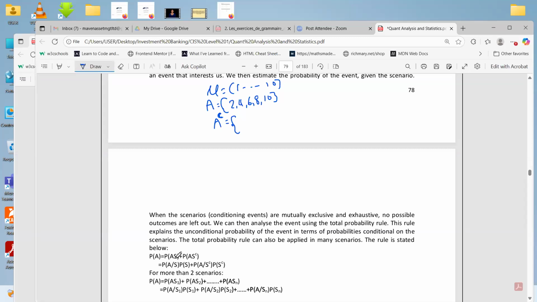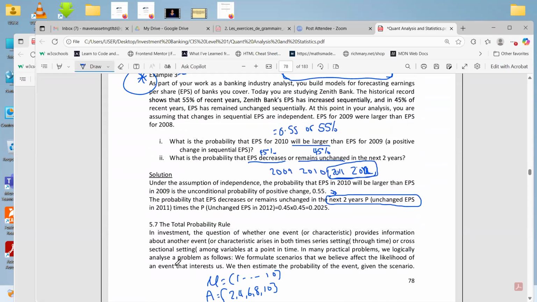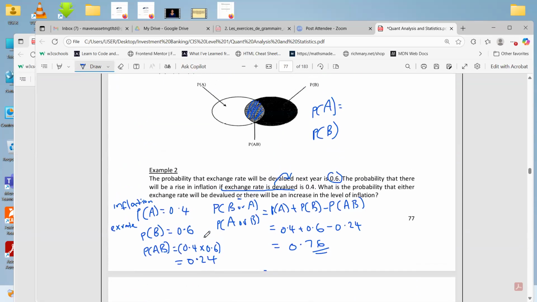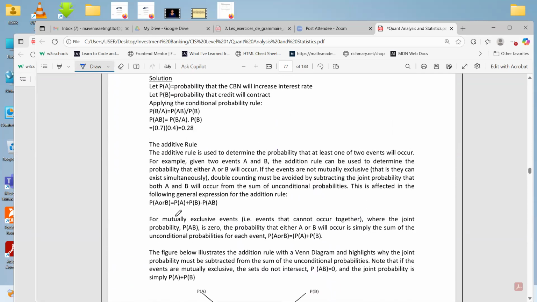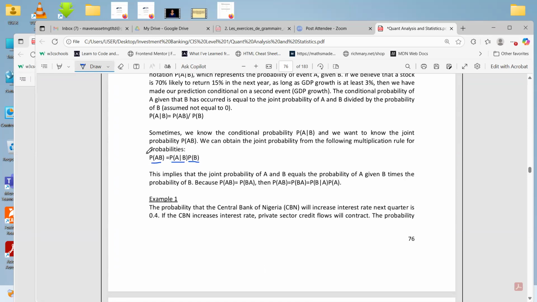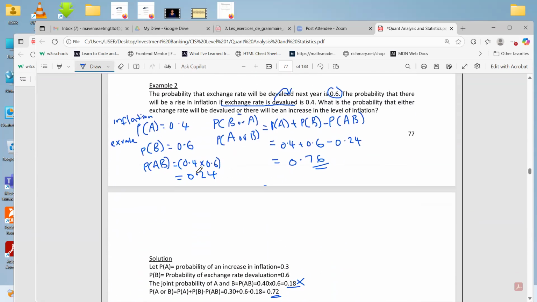I hope you are not lost from here. From all these portions here. From here. So you are replacing this B by S. That's what we are having down here now.